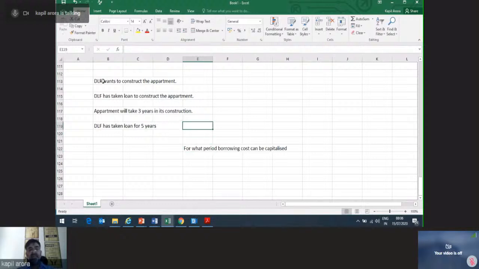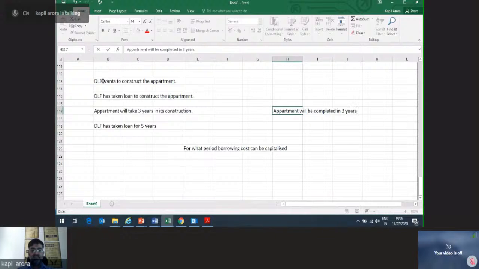Whereas the apartment will be completed in 3 years, means all cost related to the apartment is incurred within these 3 years only.